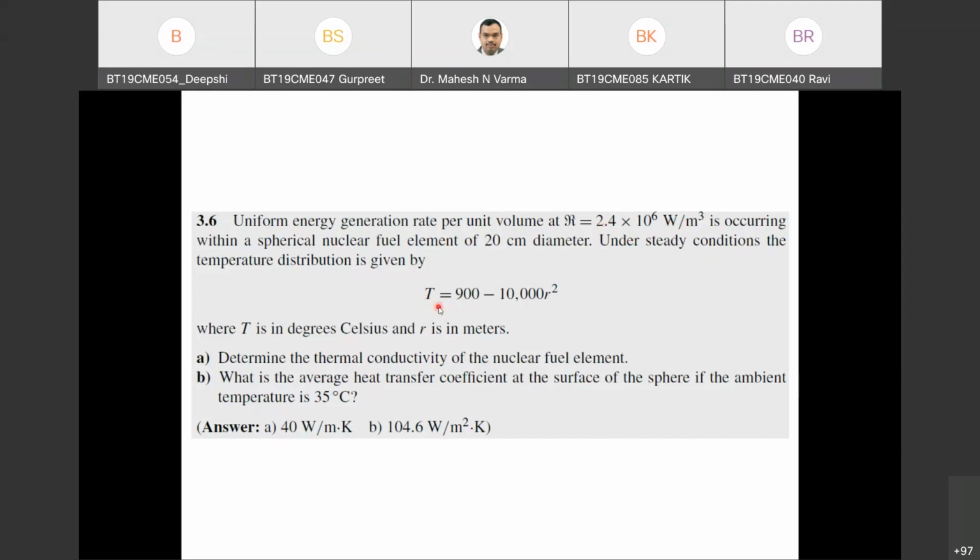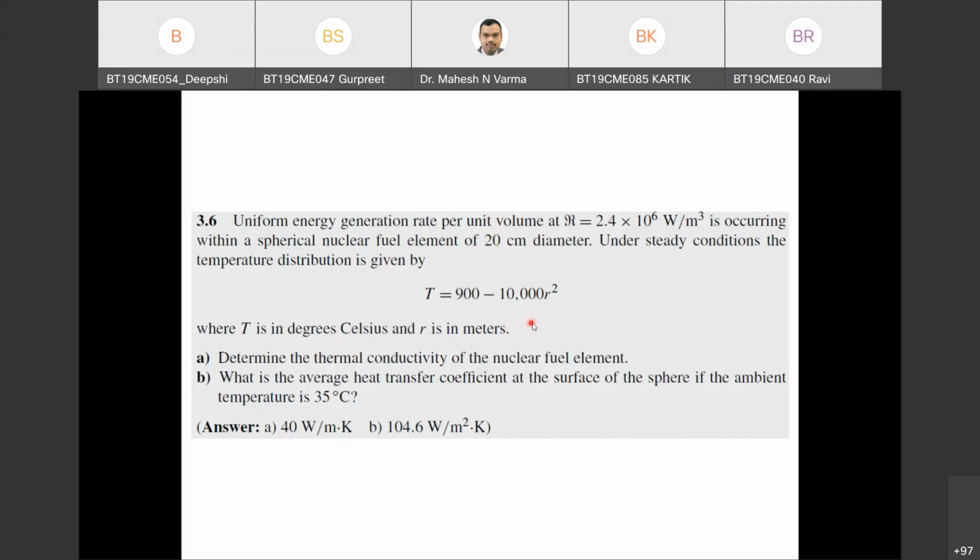Okay, now dT by dr, use this equation T, and what will be dT by dr? dT by dr will be 900 minus 20,000 into r, and put r equals 0.2 meter. Sir, on first differentiating, 900 is a constant.